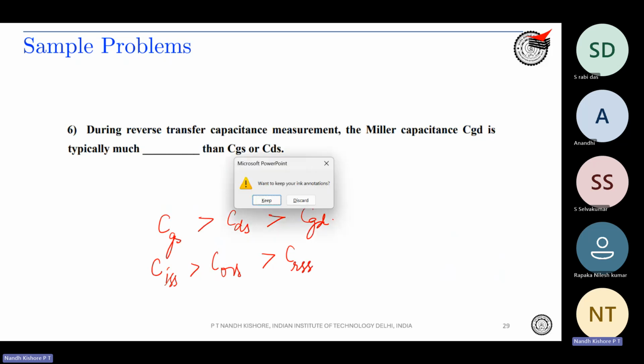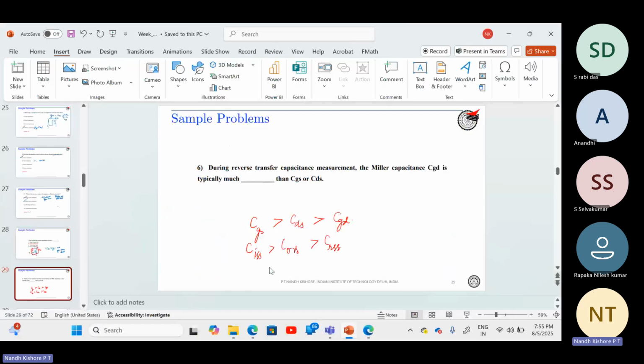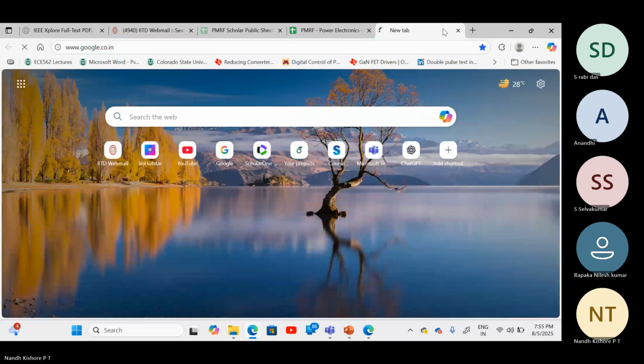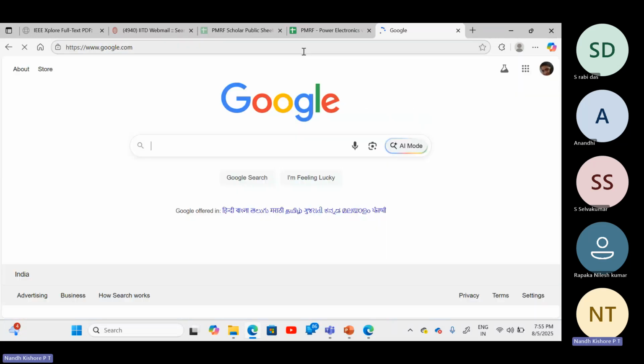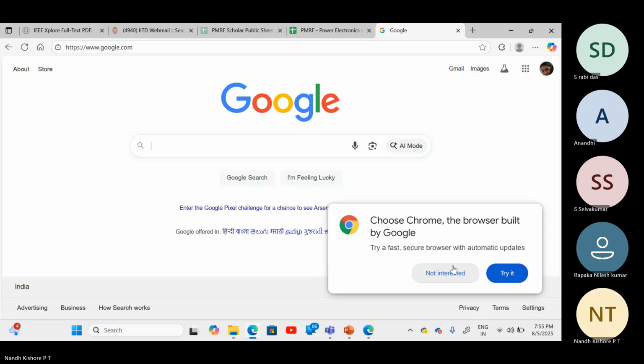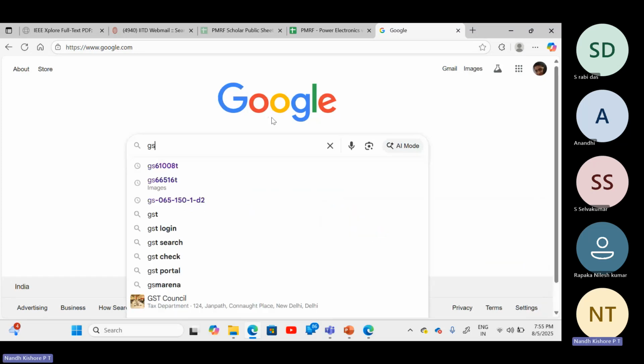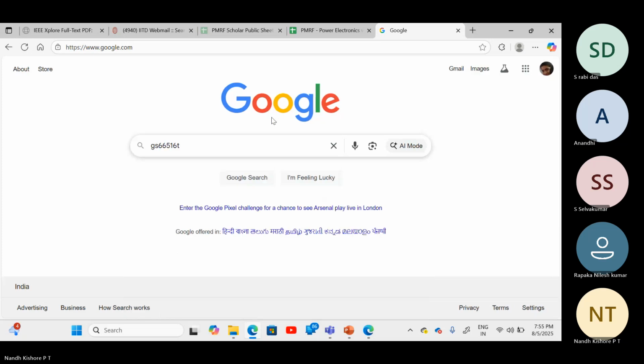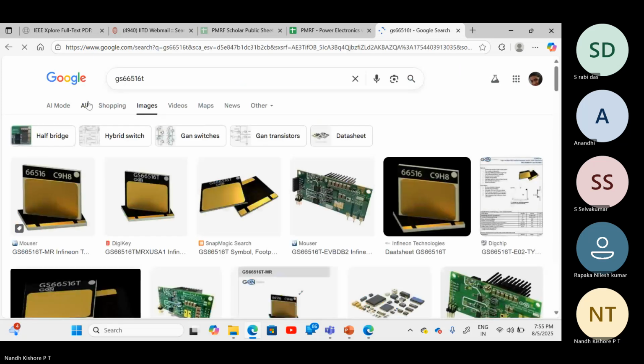Okay, so let's take an example. I think it will be better then. I hope my screen is visible. I will go to a GaN Systems device. Let's say you take this device.